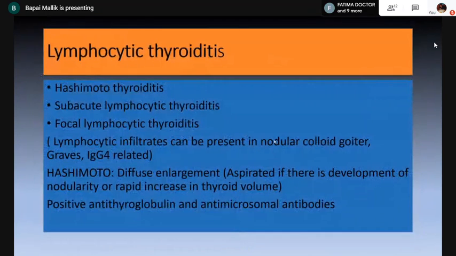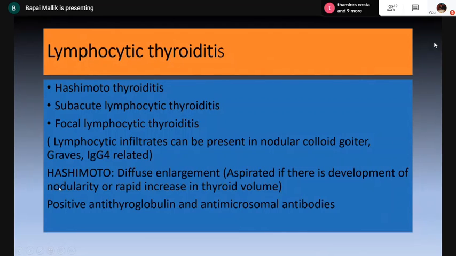The next in the card is lymphocytic thyroiditis. These are the things included in it: Hashimoto's, subacute, focal lymphocytic thyroiditis. Lymphocytic aggregates can be present in nodular colloid goiter, Graves', and IgG4 related disease. In Hashimoto's, primarily, we see a diffuse enlargement. However, it is aspirated if there is a development of nodularity or rapid increase in thyroid volume.